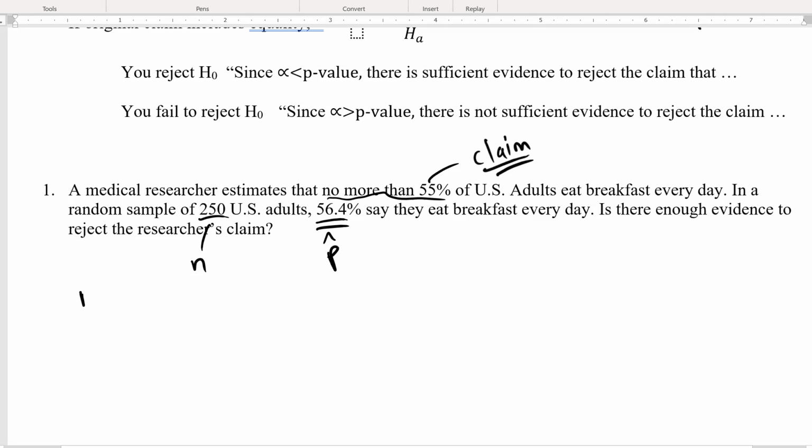PRTC. First, what are we dealing with? Well, this is a proportion, isn't it? So P is equal to, what are we doing? The true proportion of U.S. adults who eat breakfast every day.